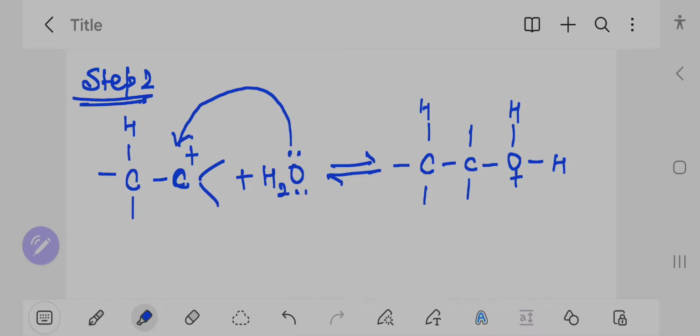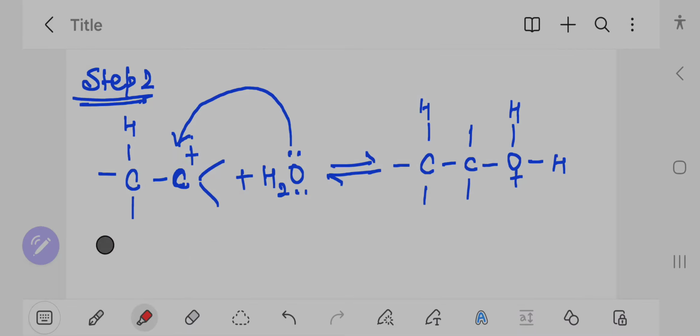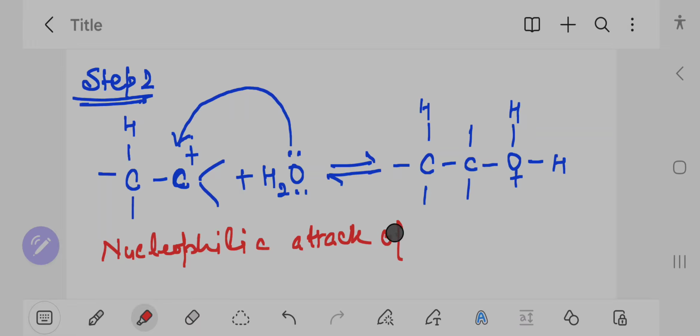This is the second step: the nucleophilic attack of water on the carbocation.